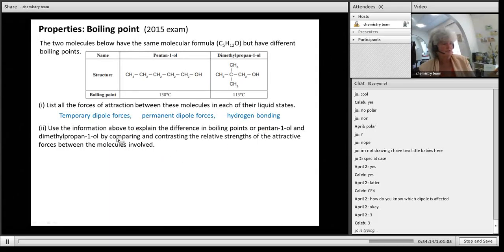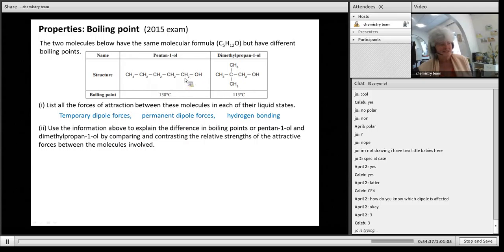Then you have to explain why this one has a higher boiling point than that one. You basically say, well, look, they've got the same hydrogen bonding because they're isomers. They both have the same molecular formula, so they both have hydrogen bonding.